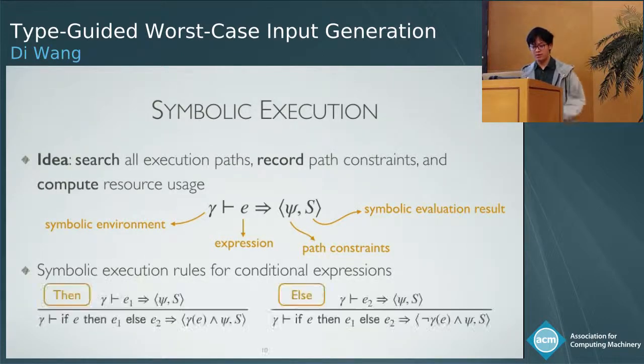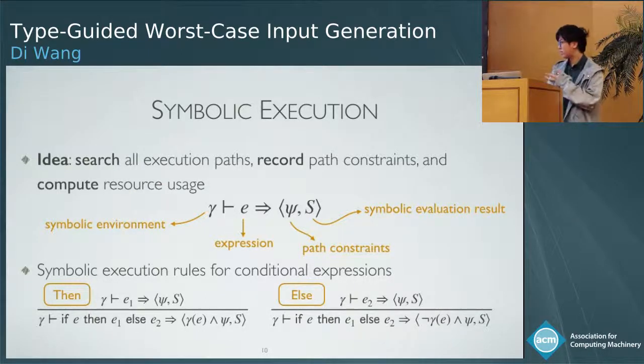For example, there are two rules for the conditional expression. For the then branch, you can evaluate the expression in the then branch and collect its path constraint and result. Then for the conditional expression, you add the predicate to the set of path constraints. For the else branch, it's similar, except that you need to add the negation of the predicate.